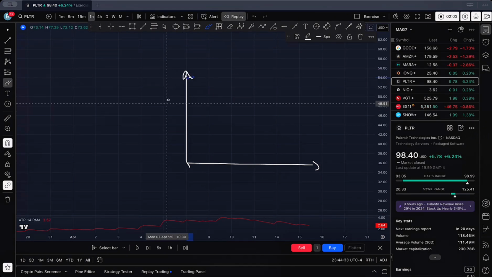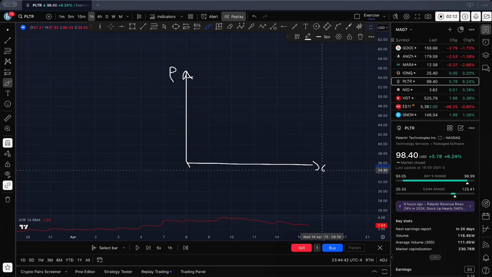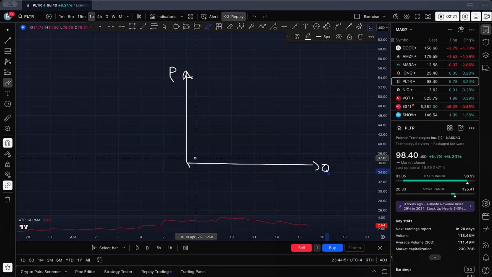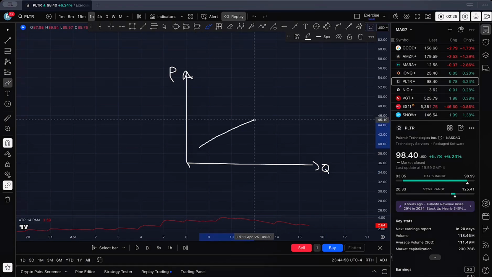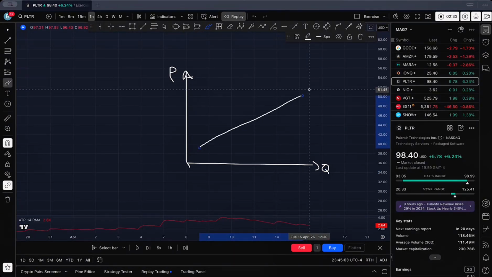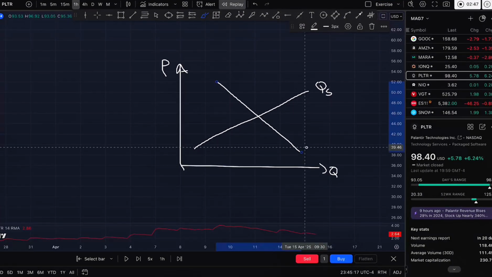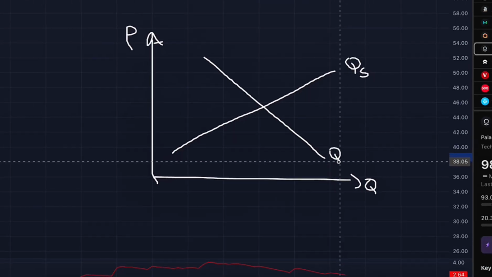On the y-axis we have P, that's price, and on the x-axis we have Q, that's quantity. We have a positive correlation going up, that we will call quantity supplied. And we have a negative correlation. This is the quantity demanded.